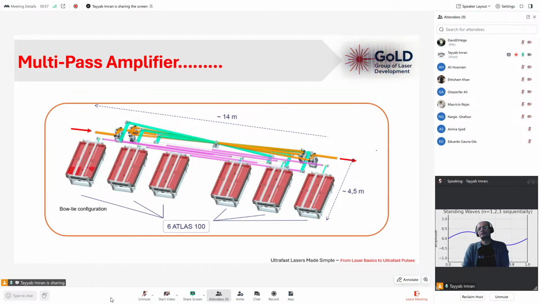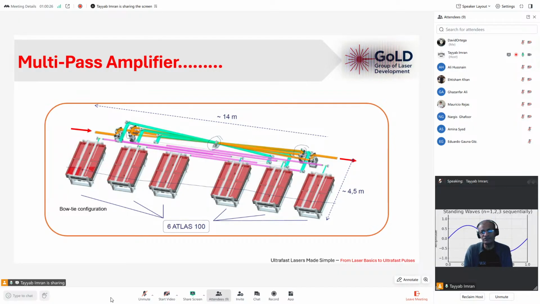Now you can see this is a bow tie type amplifier, and this is the crystal here. These are the mirrors, on both sides here. And what you see here are pump lasers. It's a high power amplifier, and it has so many pump lasers.